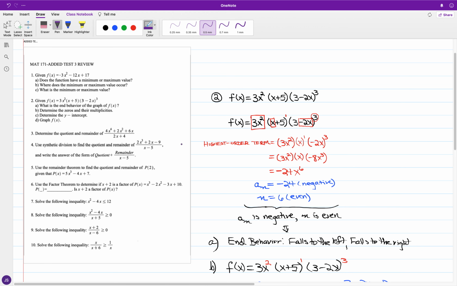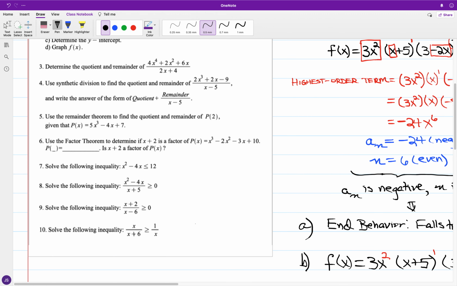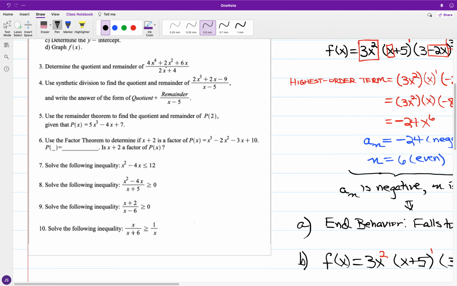We'll throw this in, touching upon what we have for the quotients and the remainder. Here we have 2x plus 4 as the divisor, and 4x to the 4th plus 2x squared plus 6x as the dividend.